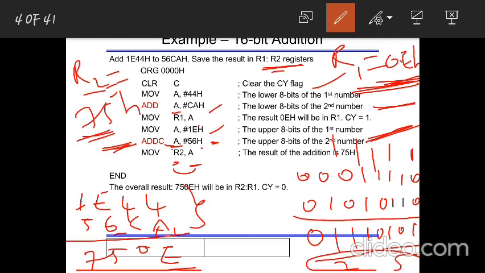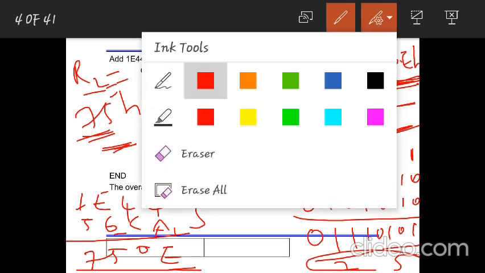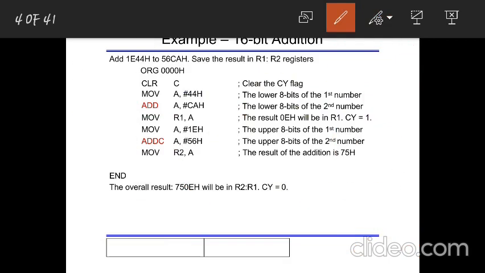And after addition, see, here I didn't get any carry at the end. So in the PSW register, carry will be equal to 0. So after doing all this, in my end result I got 750E, which is stored in R2 and R1. R2 has the higher bits of this result, and R1 has the lower bits of the result.